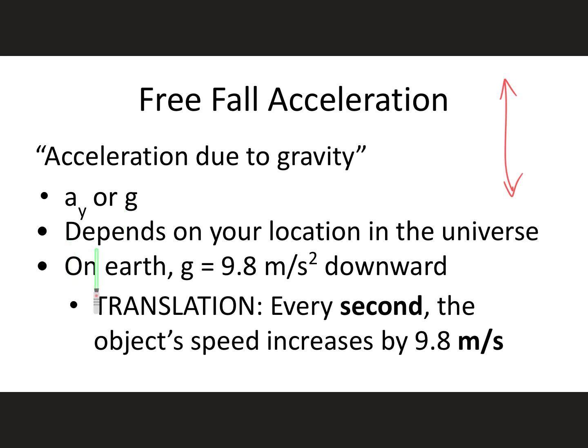The value of it depends on your location in the universe. On Earth, everywhere on Earth, the value of gravity is 9.8 meters per second squared, and for every object on Earth, that is downward, because we're being pulled down. What this means is that every second, an object's speed increases by 9.8 meters per second.